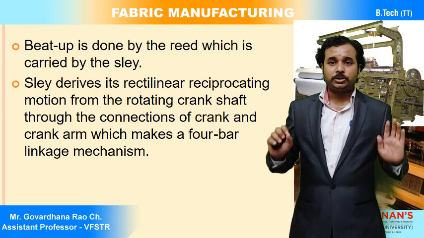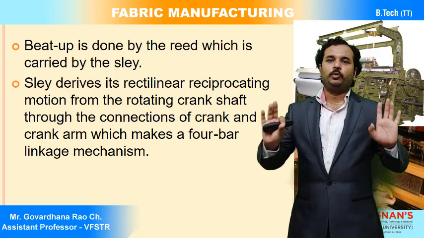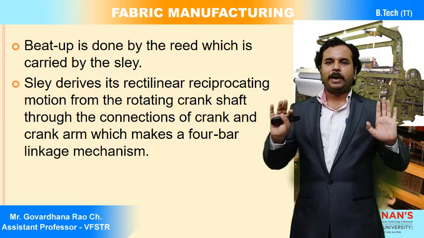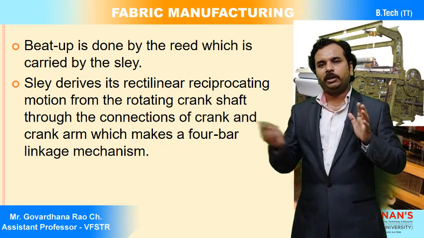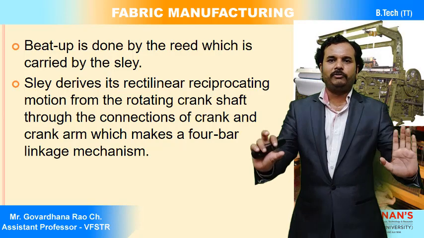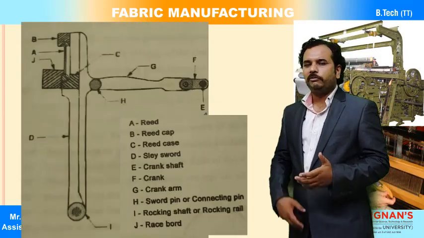The slay sword is going to come forward and beat the newly inserted pick, and it will go back. After going back, shed opening will be done, picking will be done. After picking, again it will go forward. This is how the beat up is going to occur. So we will see here.